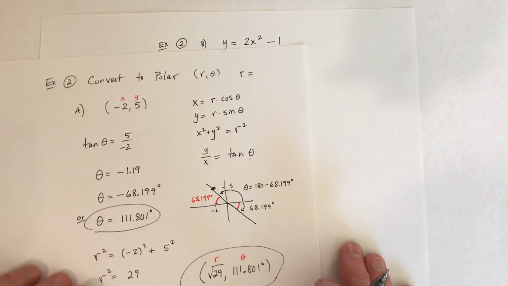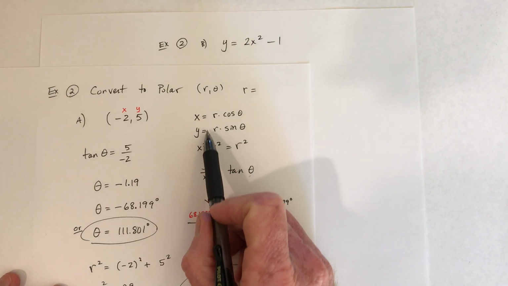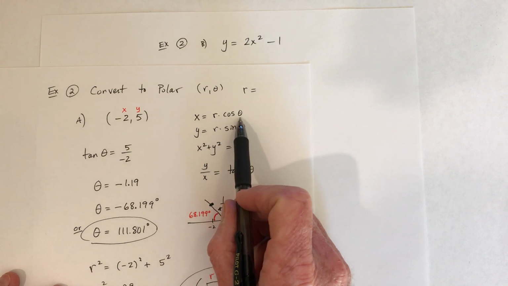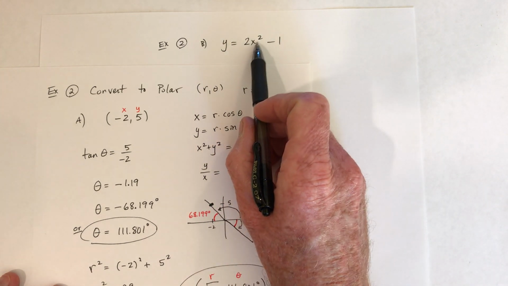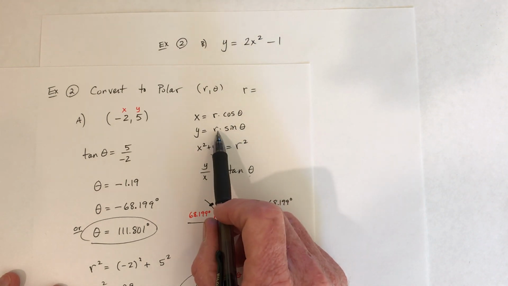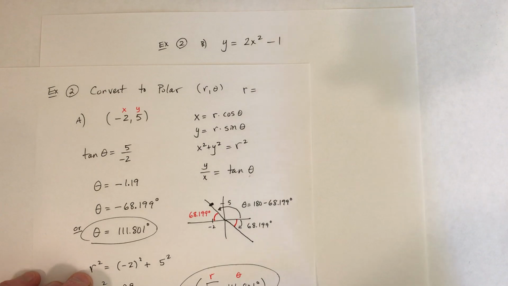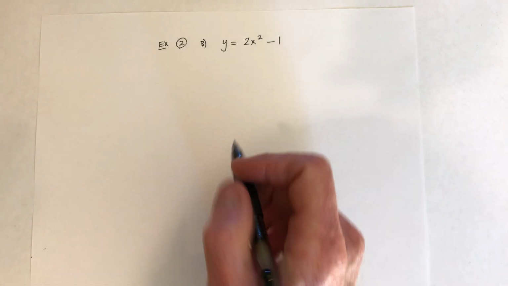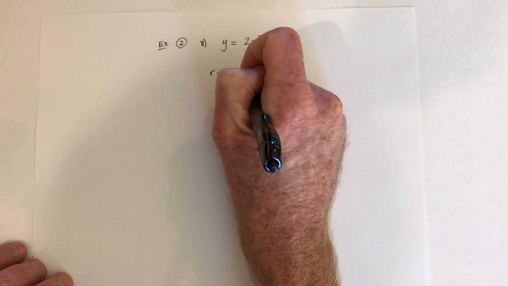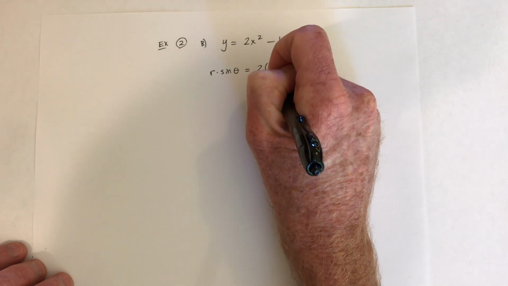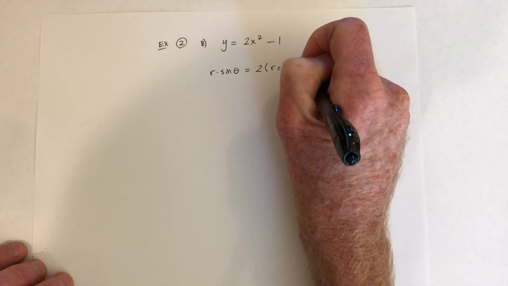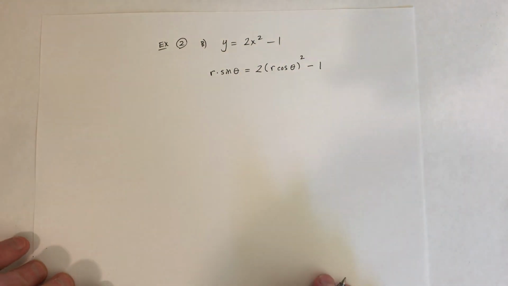And so I can just basically use these two and substitute in place of x an r cosine theta. So that's going to go in there and it's going to get squared. And then here you could replace y with this, r sine of theta. So y gets replaced with r sine of theta. X gets replaced with r cosine of theta. Then it has to be squared and minus a 1.